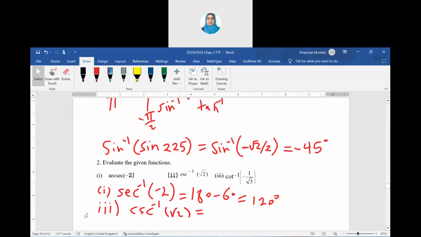How can we calculate this one? Your friend said 45.